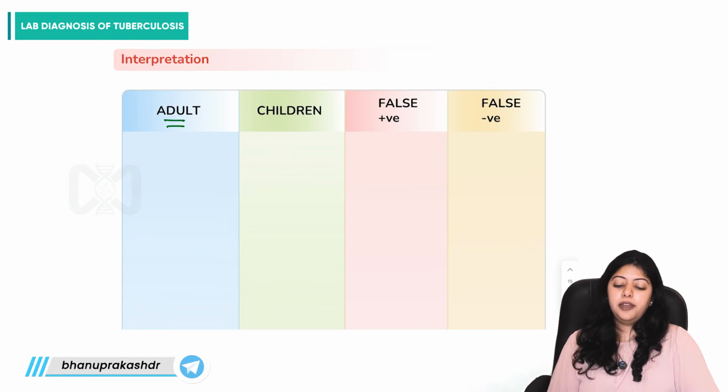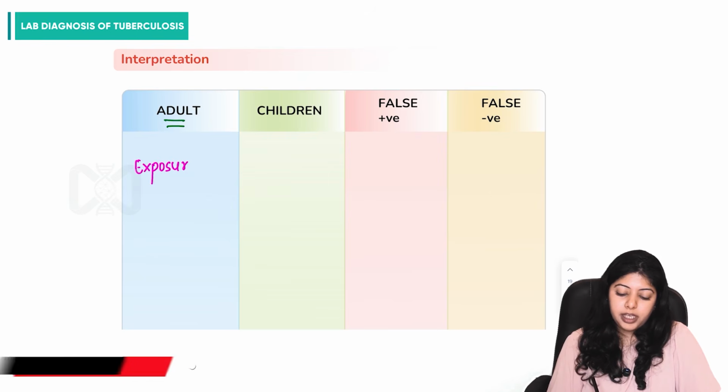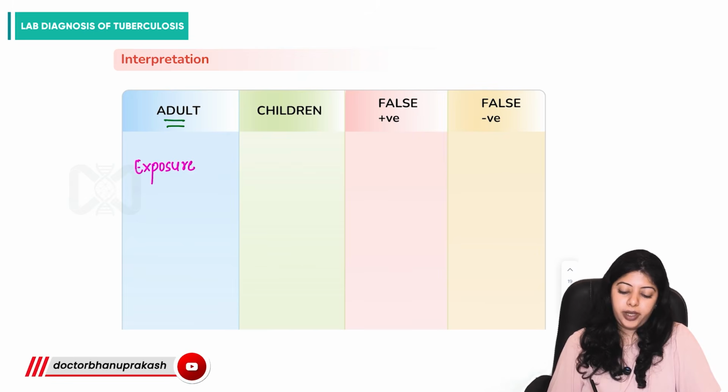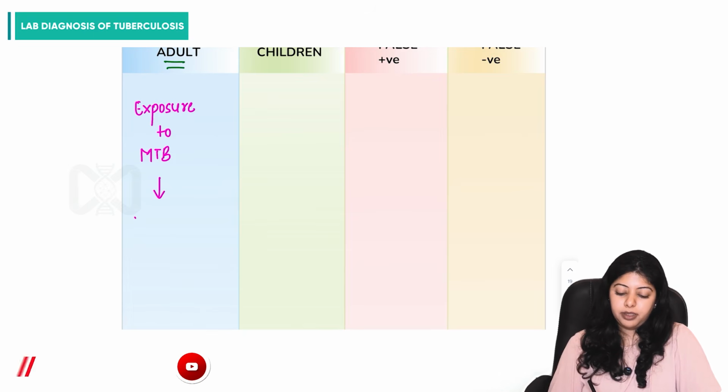Firstly, if this test comes out to be positive in case of an adult, then we interpret it as there has been an exposure to MTB. That does not necessarily mean that the patient has active TB.